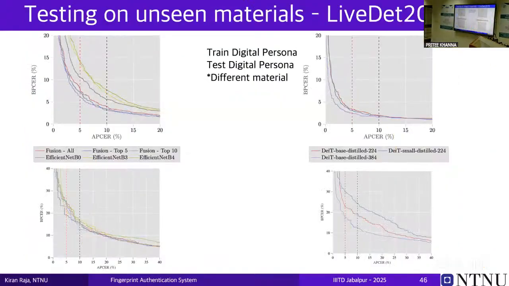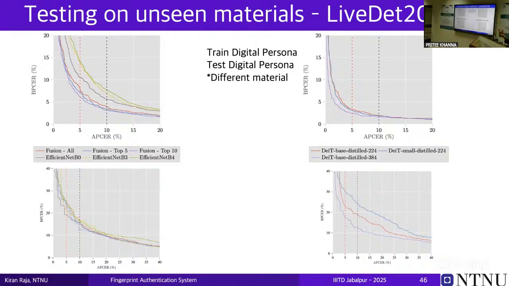And then comes the second part, right? This morning there was a question: why should I train on one data set and test on different data sets? This is a typical case. You have the training done on one kind of data set, and then you are testing on the same sensor, but the material is changed.